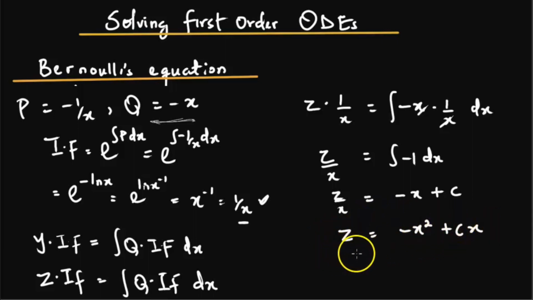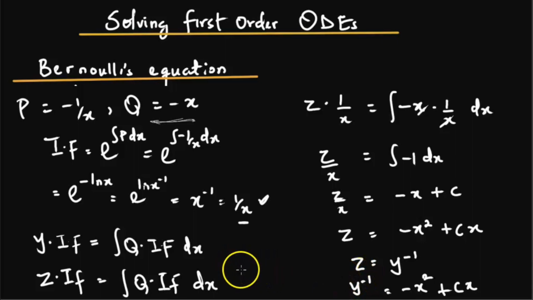So we are going to recall that we need z to be equal to y to the power minus 1. Alright, so we're now going to substitute and write our answer. y to the power minus 1 equals minus x squared plus cx. So we can leave this as our final answer or make y stand alone as the subject. So y equals minus x squared plus cx, all to the power minus 1.